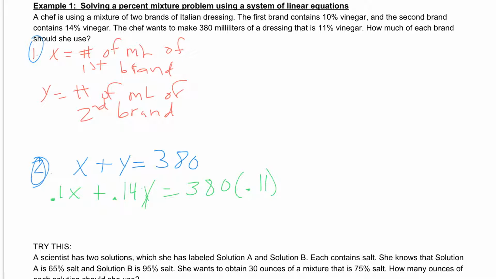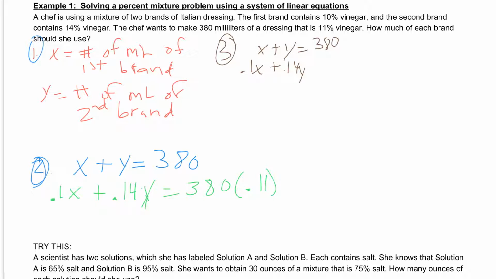Now in step 3, we can go ahead and set up to solve. So in part 3, when I'm solving my equation, I'm going to rewrite what I had in part 2. My first equation was x plus y equal to 380. And then my second equation, I have 0.1x plus 0.14y.